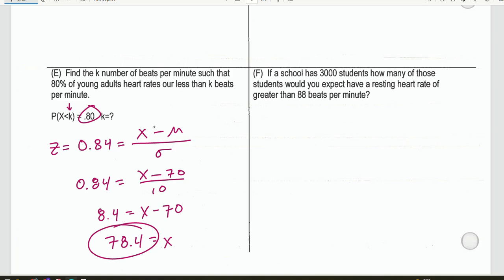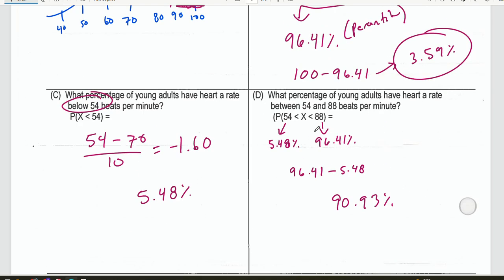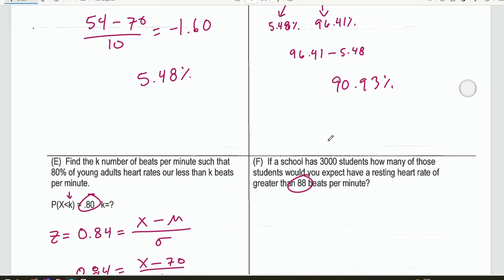And then for F, we're going to use a previous answer because we already found the 88 beats per minute, which is 96.41% of people, but it's greater than. So we're going to be working with that 3.59 percentile and just multiply that by the 3,000 students.